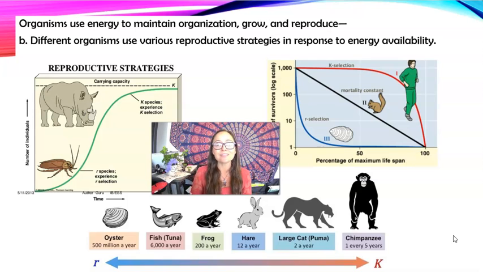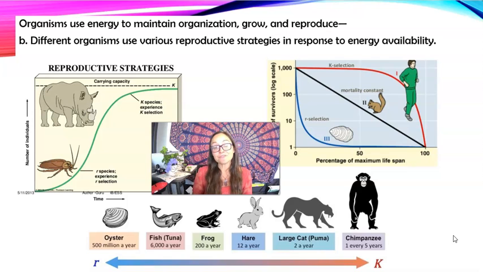So let's look at the graph on the left first. Little r stands for rate of growth, or growth rate. In exponential growth, you have a pretty high growth rate at that bottom part of the graph. And that's where cockroaches in this graph would be an R-selected species.